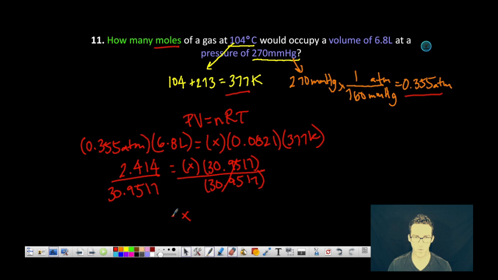X is therefore equal to 0.078 moles. And again, I know I was a terrible teacher and dropped all the units there. I'm just lazy. Don't forget to include your units at the end. And that concludes our guided practice problems for today.